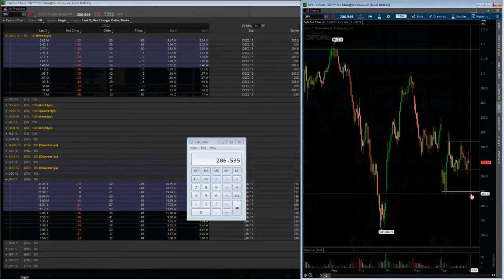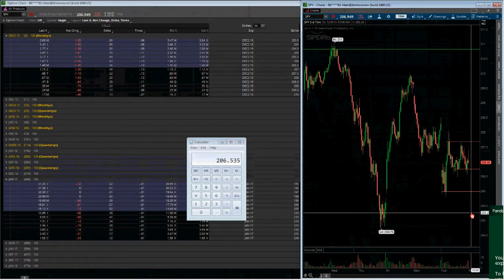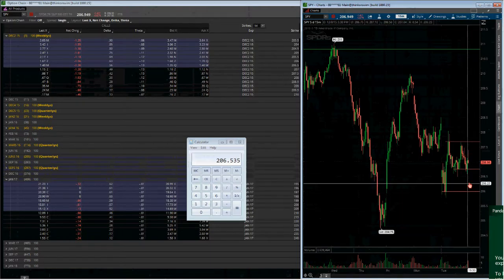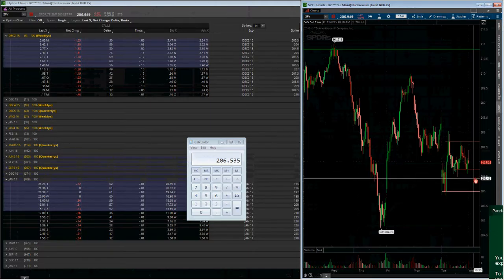If this was the gap below 206, we would want to sell and then be watching 206 for another buy possibility. If it gapped down here to 206.30 and we had profit, we may want to sell and look for the retest of our support level here. And to figure out what we could sell for, we could again use that delta.